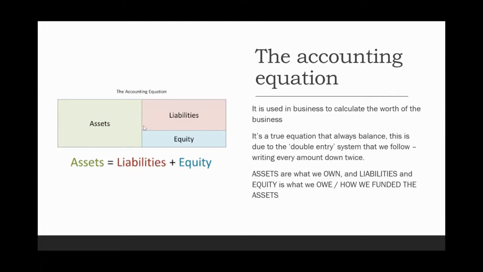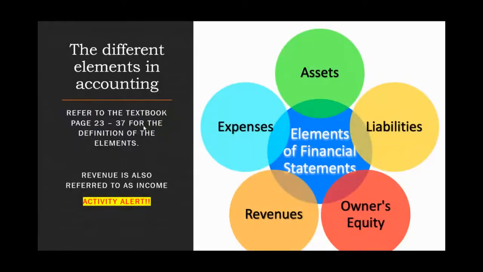Please let's put our devices on silent. We could use our liabilities, funding that we receive from FNB or Standard Bank, or we could also use our equity. In fact, usually it's a combination of both to fund our assets. So that is your accounting equation.